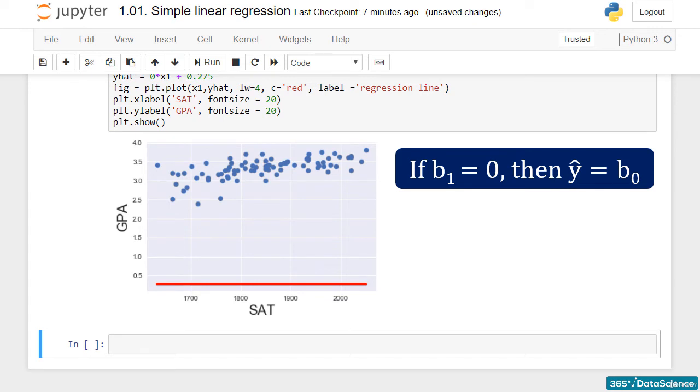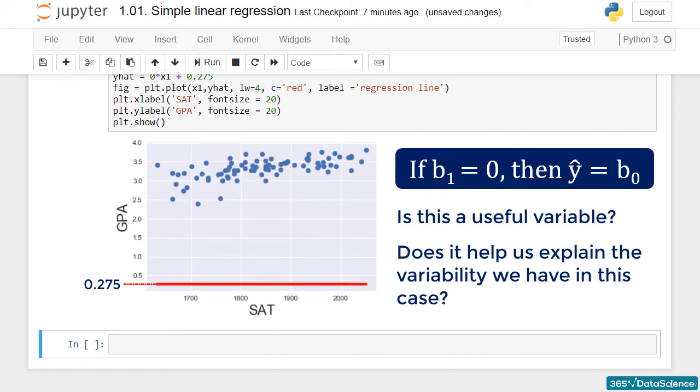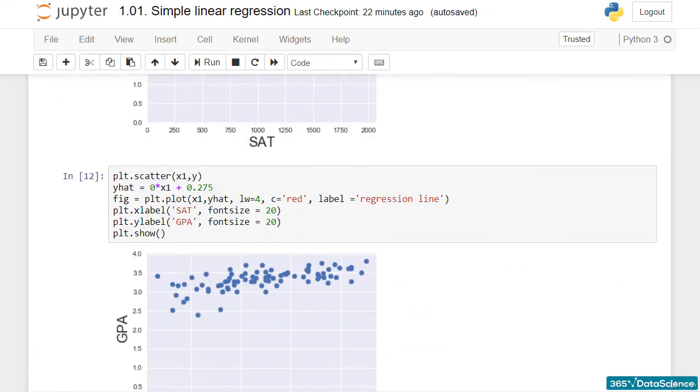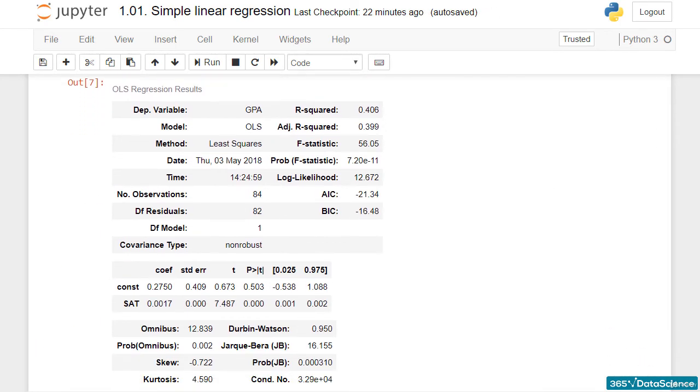Graphically, that would mean that the regression line is horizontal, always going through the intercept value. Let's paraphrase this test. Essentially, it asks, is this a useful variable? Does it help us explain the variability we have in this case? The answer is contained in the p-value column.